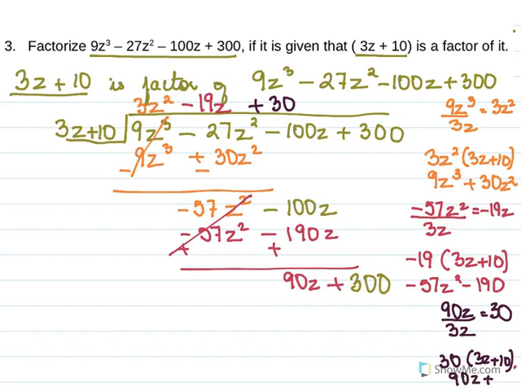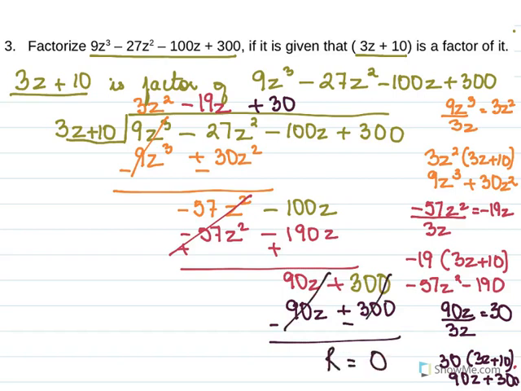So we get 90z plus 300. Change the sign, cancels off, remainder 0, and it has to be 0 because 3z plus 10 was a factor. This was a factor, so the remainder had to be 0.